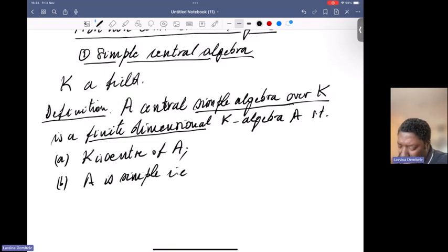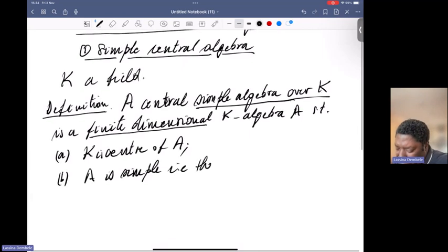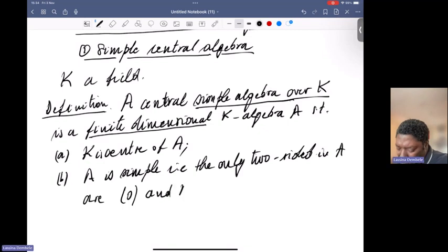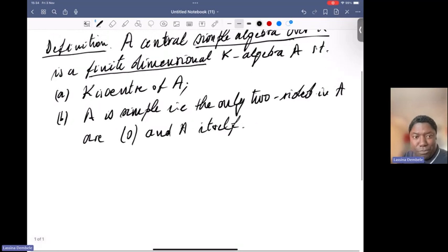This means that the only two-sided ideals in A are the trivial ideal and A itself. So that's what we mean by a central simple algebra.